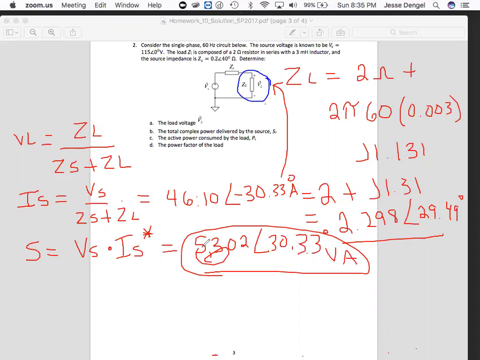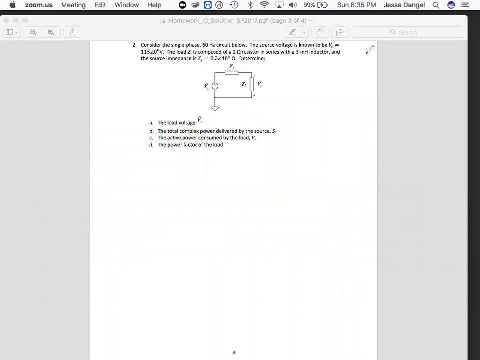Now we want to find the power consumed, part C, the active power consumed by the load.